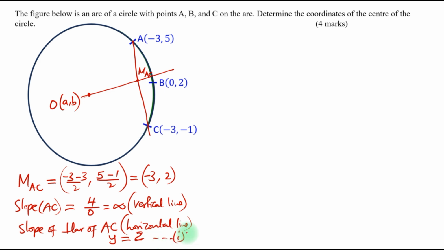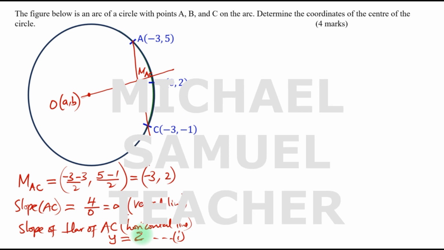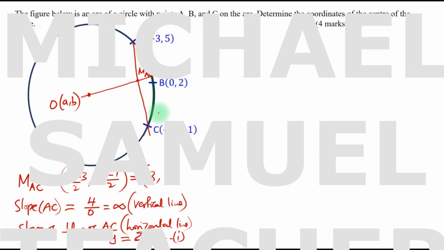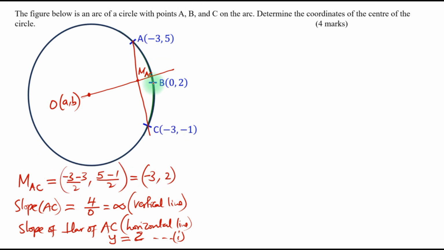The other case, we also need to form another equation. We form a simultaneous equation and solve for the values to get the center. Now, the other case is, let us take points B and C. Let me draw this line segment BC.